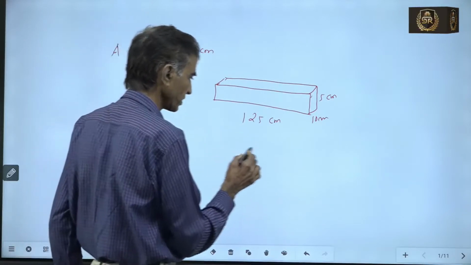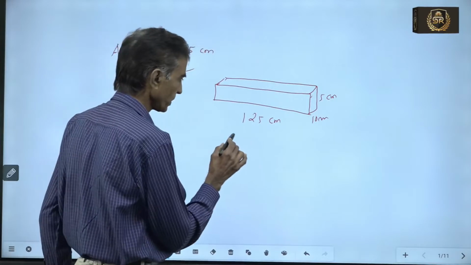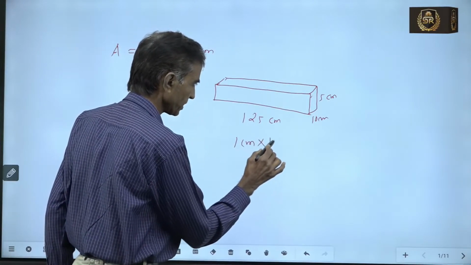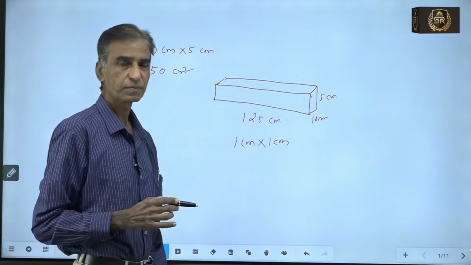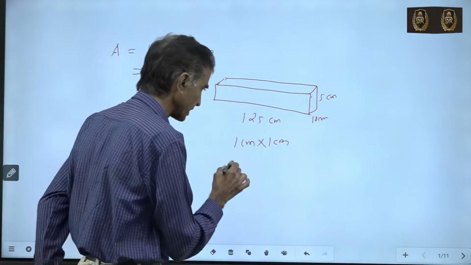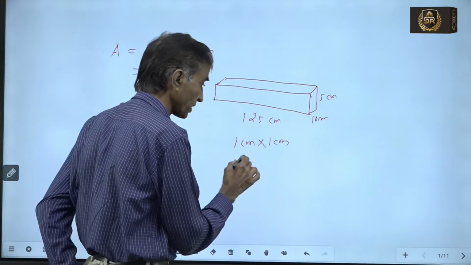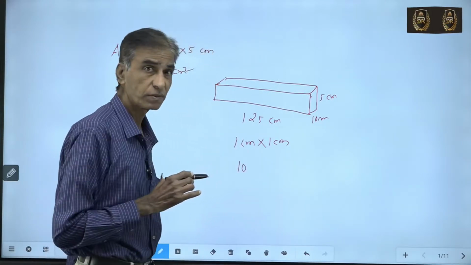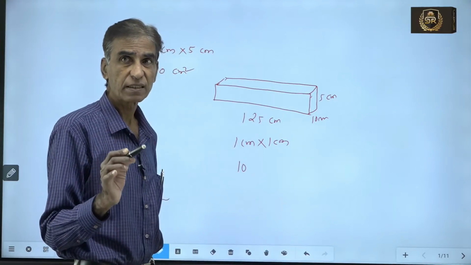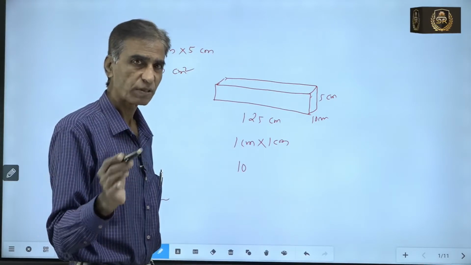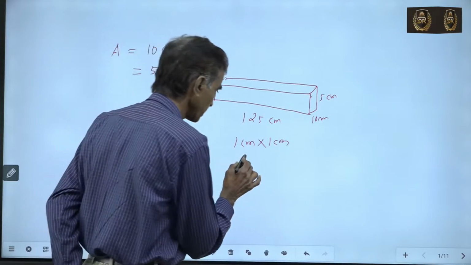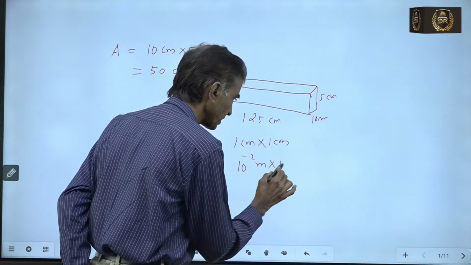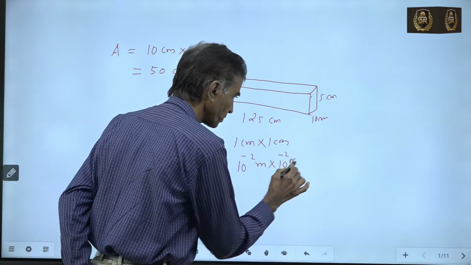Suppose you have a doubt, you can write it like this: 1 centimeter by 1 centimeter. 1 meter is 100 centimeter, so 1 centimeter is 1 by 100 meters, that is 10 power minus 2 meter by 10 power minus 2 meter.